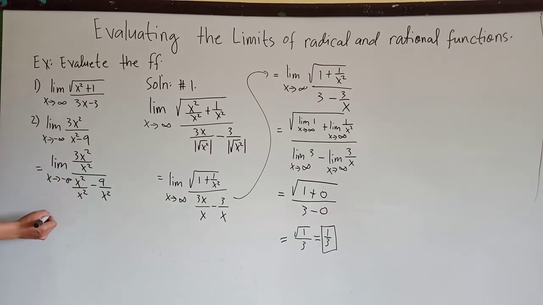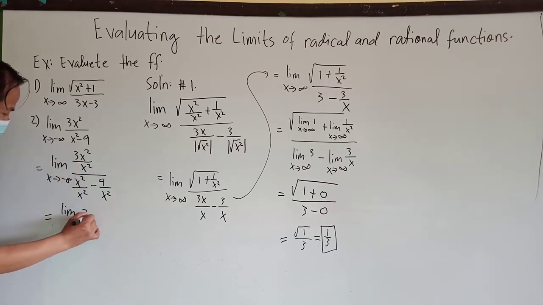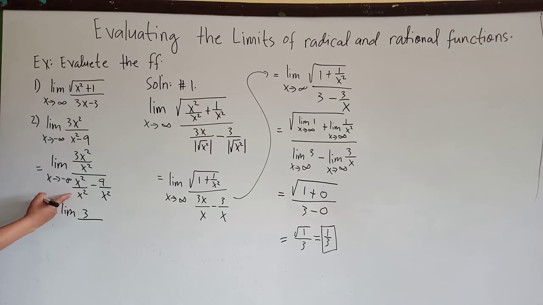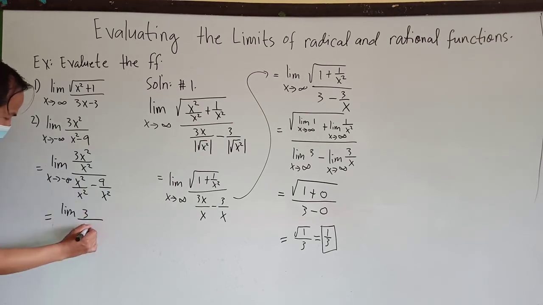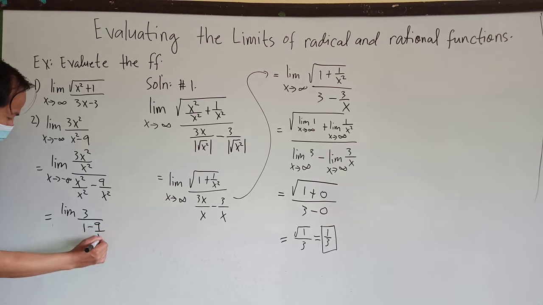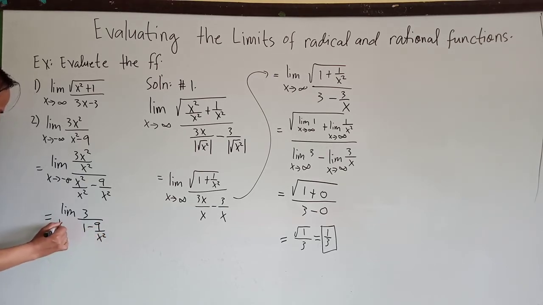When we simplify, we get 3 in the numerator, and in the denominator 1 minus 9 over x squared, as x approaches negative infinity.